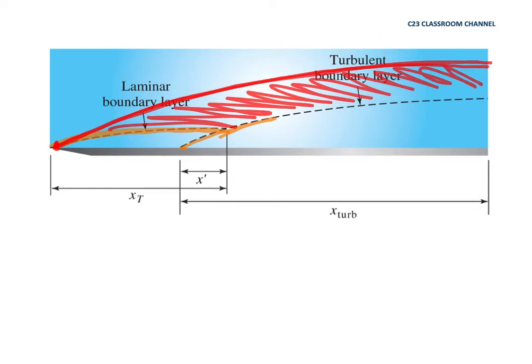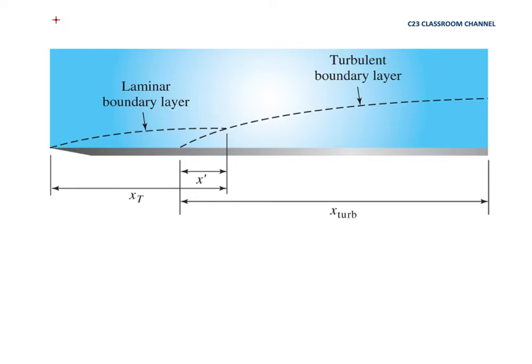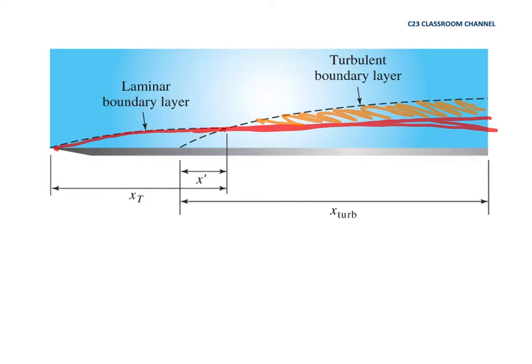At the same time, if we use the calculation for a 100% laminar boundary layer, we could only calculate this area, so the area here is not calculated.